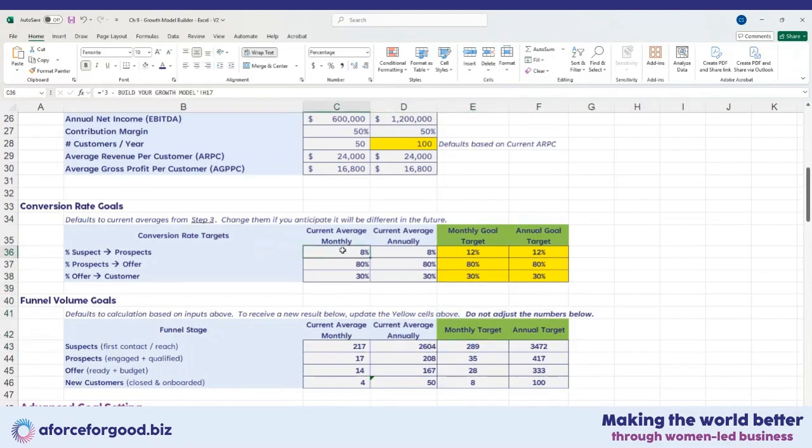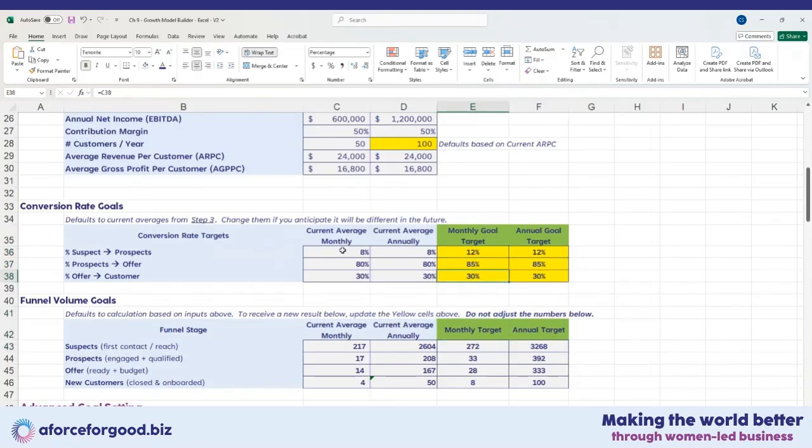So at 8% suspects to prospects, from 8 to 12, instead of 217 suspects, now you're going to get 289. For your prospects, increase from 80 to 85. Right? See how big of a difference that is? You've almost doubled your volume by adjusting these two numbers.